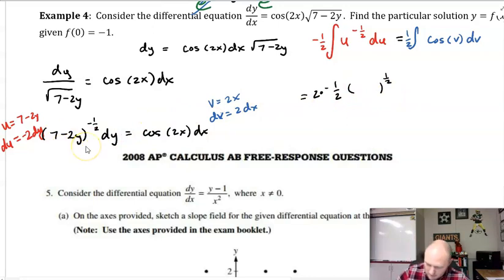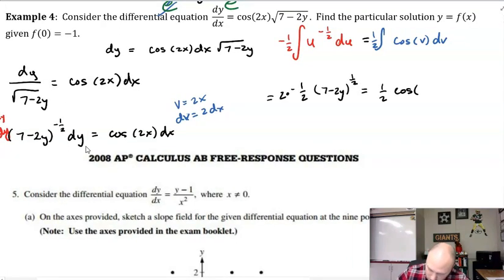Over here it was 7 minus 2y, that's what u was. And over here we have 1/2 cosine of 2x. I've got to integrate. The antiderivative of cosine is sine of 2x plus a constant.